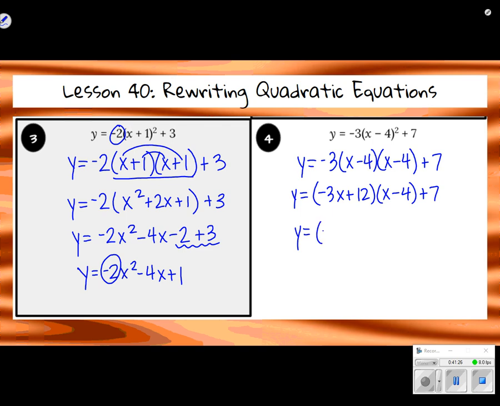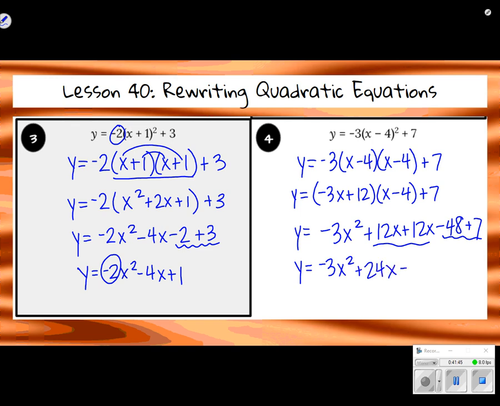So I have, I don't need my parentheses anymore. -3x squared plus 12x plus 12x minus 48. And then I'll combine my like terms. So I get -3x squared plus 24x minus 41. Okay, so that's all we're doing, multiplying here.